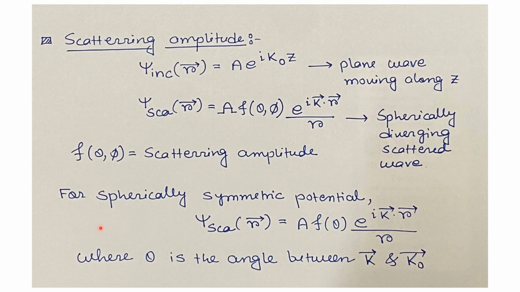So for this special case, the scattering amplitude will be only a function of theta, not phi. Here theta is the angle between the scattered wave vector k and the incoming particle wave vector k naught.